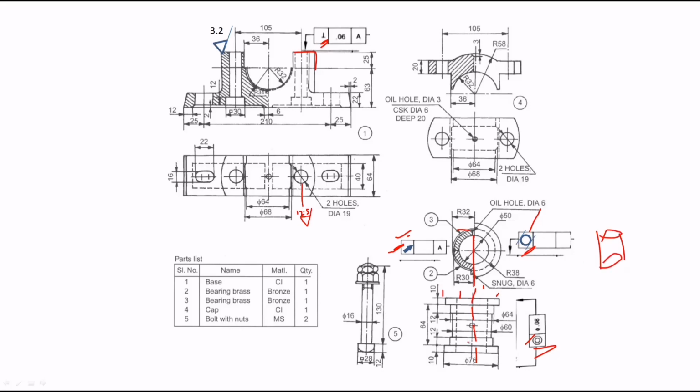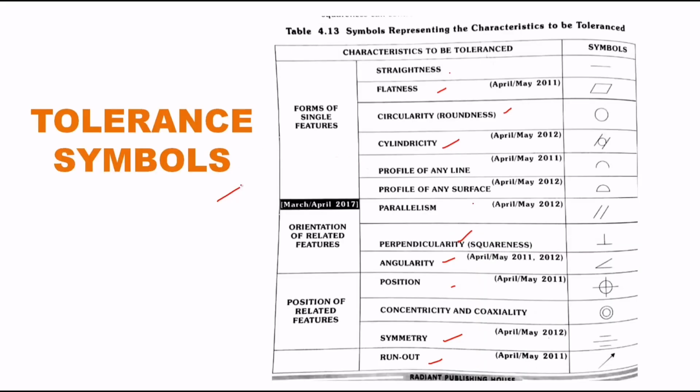That's why, when these bearing brasses join together, they look like a cylinder, so we can use this cylindricity symbol. So in this plumber block work, we can use the perpendicularity symbol, the cylindricity symbol, the run out symbol, and the concentricity symbol. So four symbols we can use from these tolerance symbols.